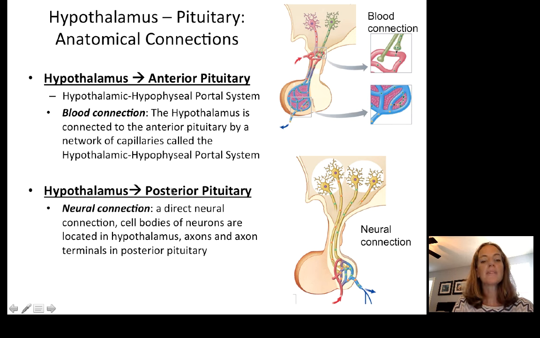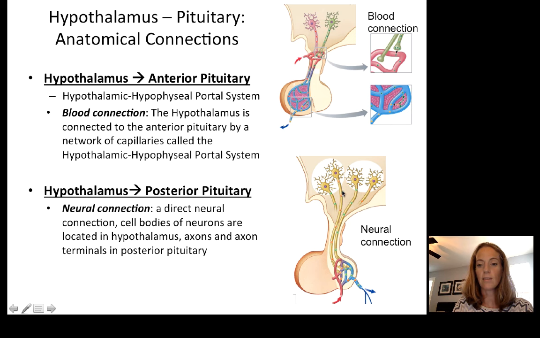The hypothalamus to posterior pituitary is a neural connection. And really, the posterior pituitary is simply an extension of the hypothalamus. So we could say, but the anatomist didn't, but in my mind, it's almost like the hypothalamus stretches down like this and has its own separate little arm, which is the posterior pituitary. So you have other neurons in the hypothalamus that are making hormones.